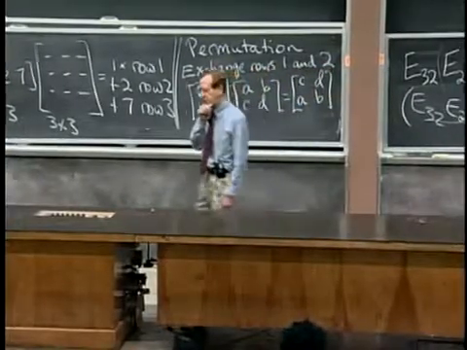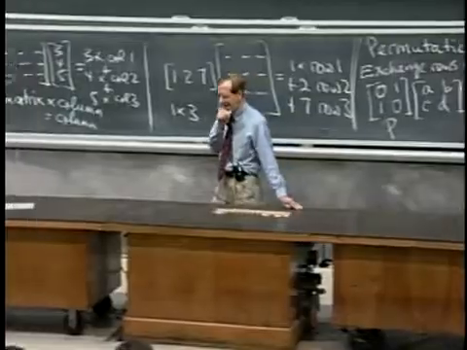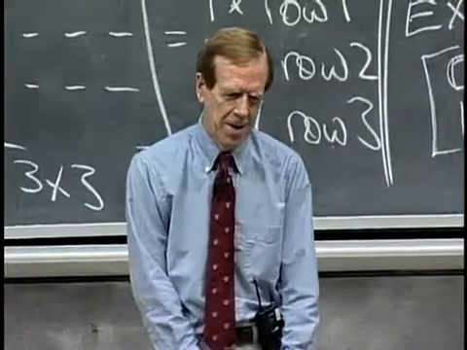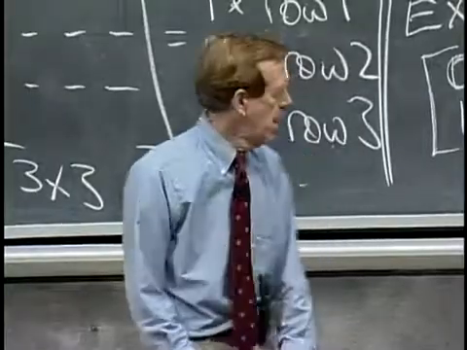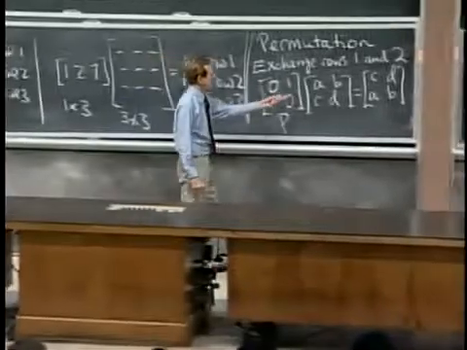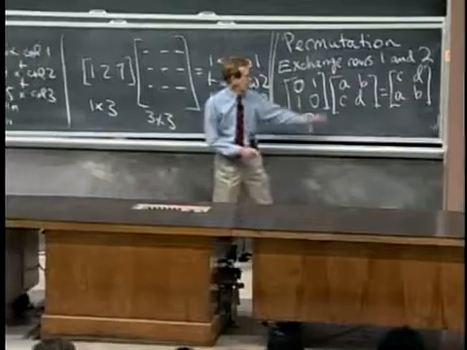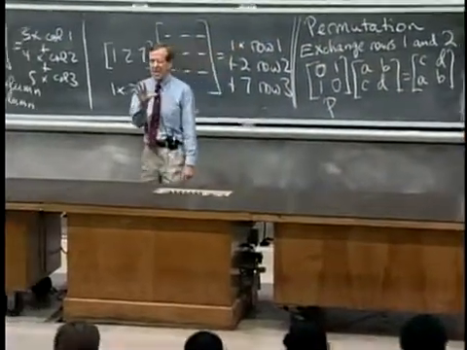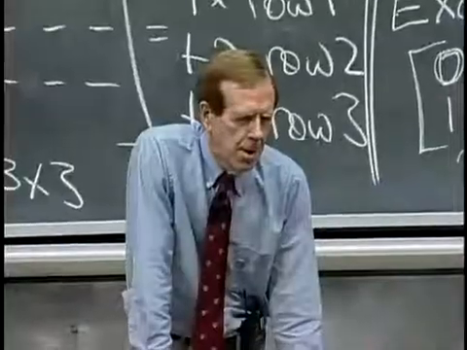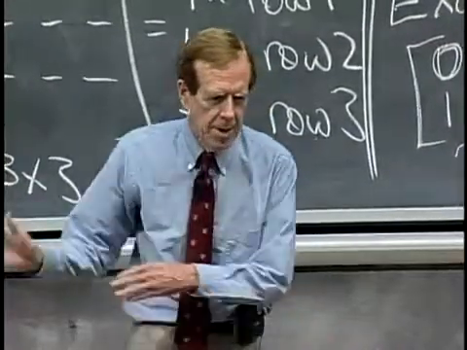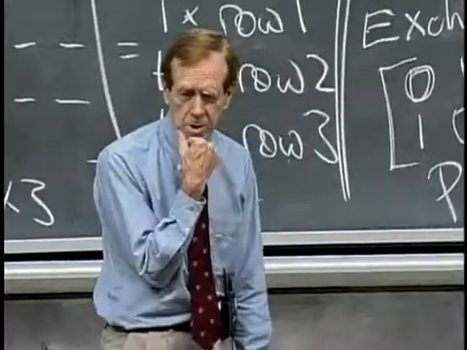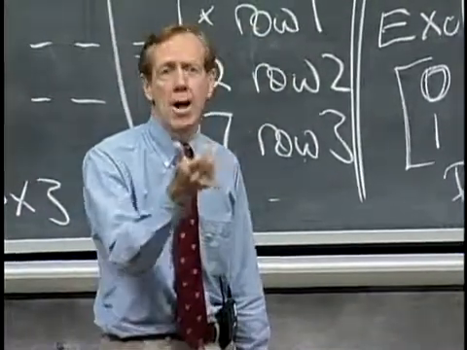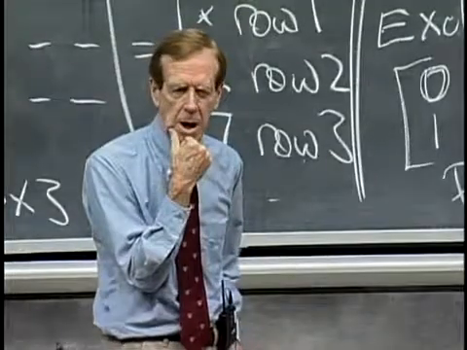Suppose I wanted to exchange columns instead. Columns have hardly got into today's lecture, but they certainly are going to be around. Because in elimination, we're doing rows. But suppose we wanted to exchange the columns of a matrix.